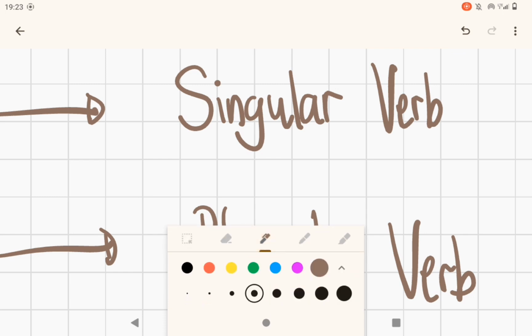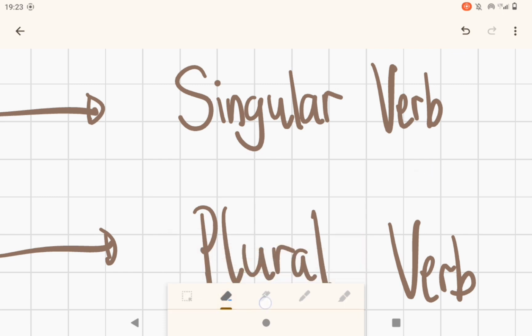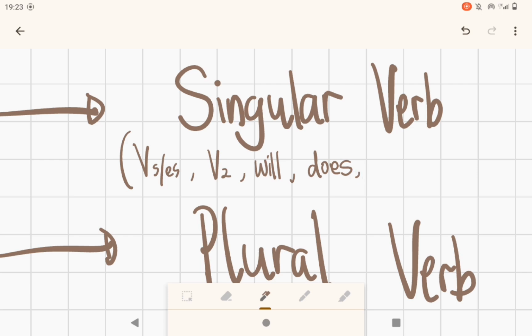So basically, a singular verb is the verb that is suitable with the subject he, she, it, which means we can use verb plus s or es in simple present context, and then we can use verb 2 in simple past context, and then we can use will in future context, and then for the auxiliaries we can use does, is, was, has, had, and the rest of the verbs.